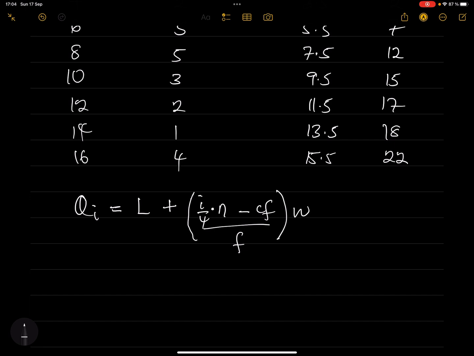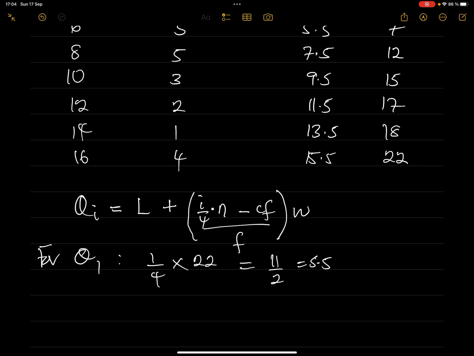So i over 4 for Q1, i is 1. So i over 4 will be 1 over 4 multiplied by the number of observations, which is 22. And this gives 11 over 2, which is equal to 5.5. Okay? Good. So 5.5 is actually the location of interest for Q1.